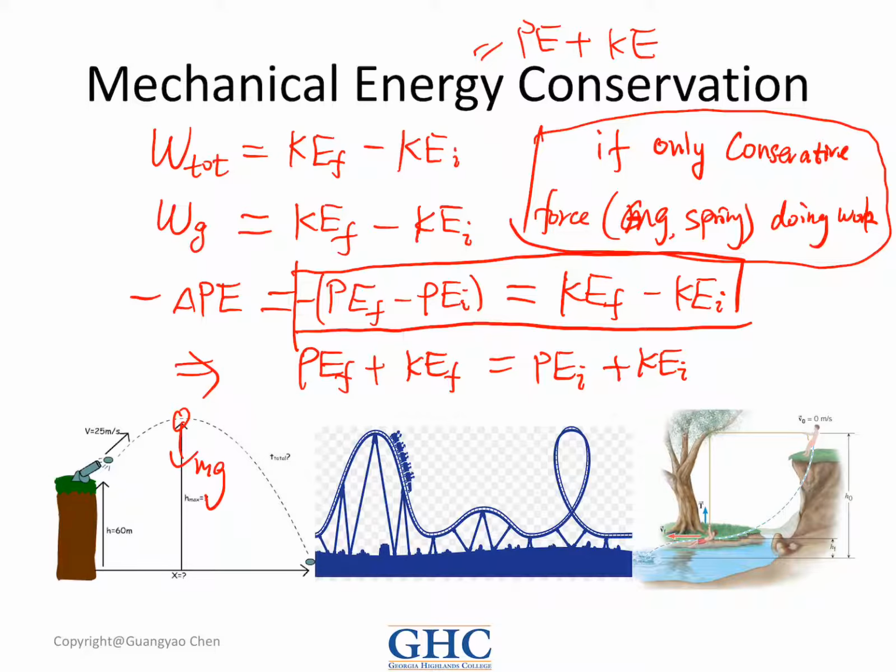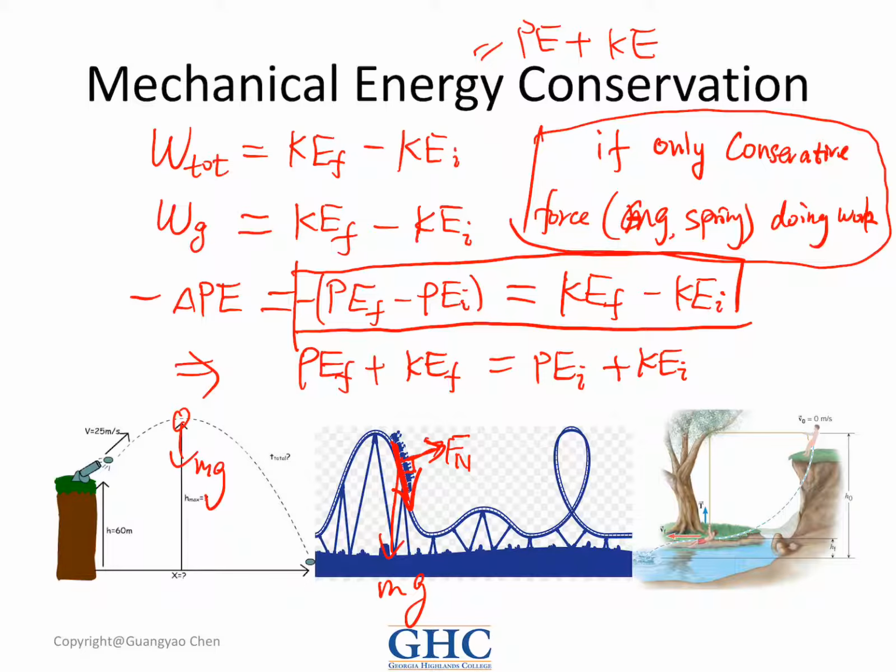Then the second case, a roller coaster. If we neglect friction, then you have two forces acting on the roller coaster: normal force and mg. However, the roller coaster is always moving on the track, so its displacement is always along the track, and the normal force by definition is always perpendicular to the track.